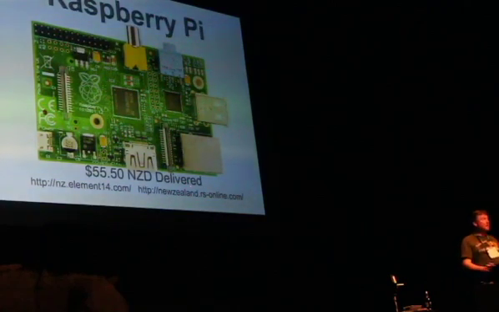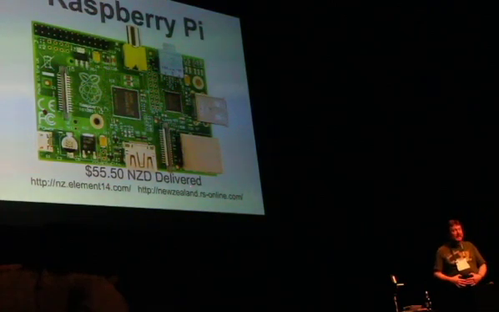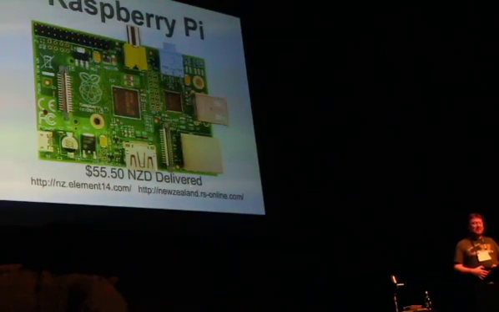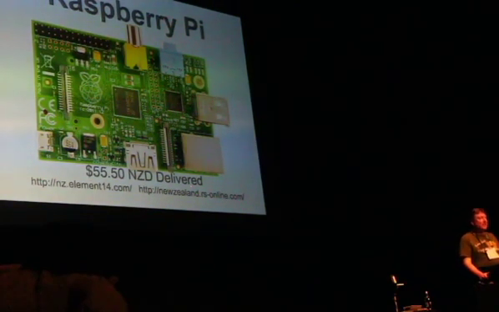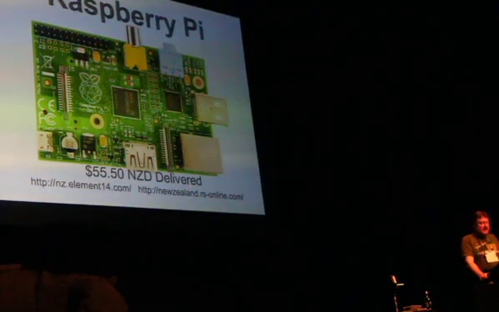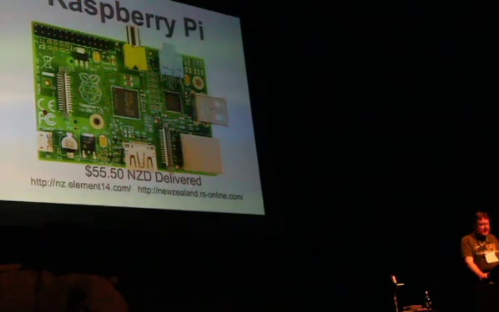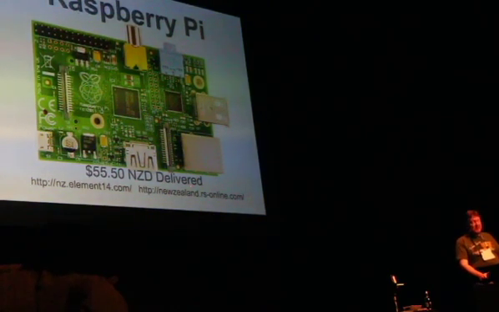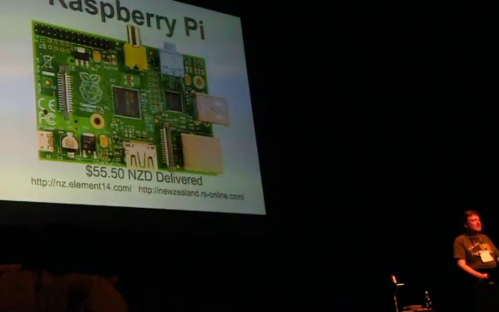The other big one, which several people have been talking about already, I'm sure you all know about, is the Raspberry Pi. There's been a lot of publicity around the Raspberry Pi since it was announced last year, and they're now becoming widely available. Originally you'd wait a month or two months for delivery.